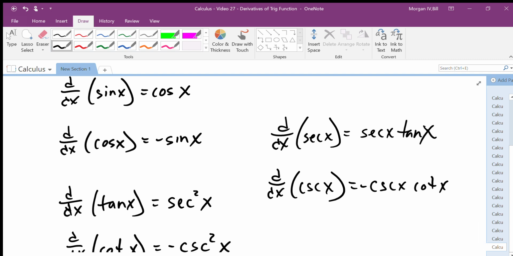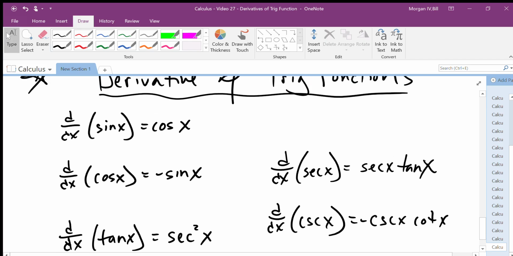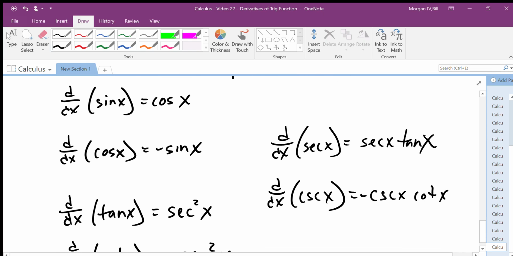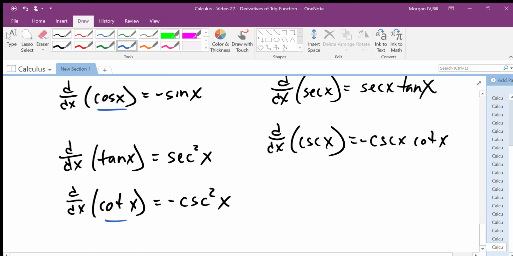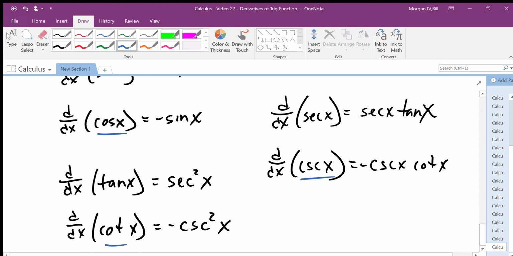A couple of pattern recognition things. All of the trig functions that start with co: cosine, cotangent, cosecant, they all have negative derivatives.